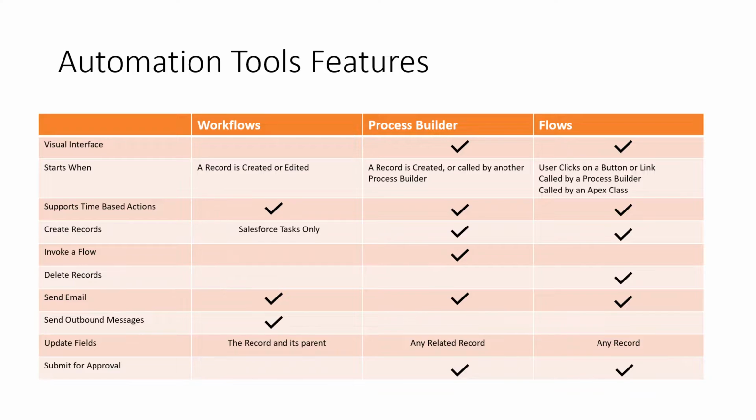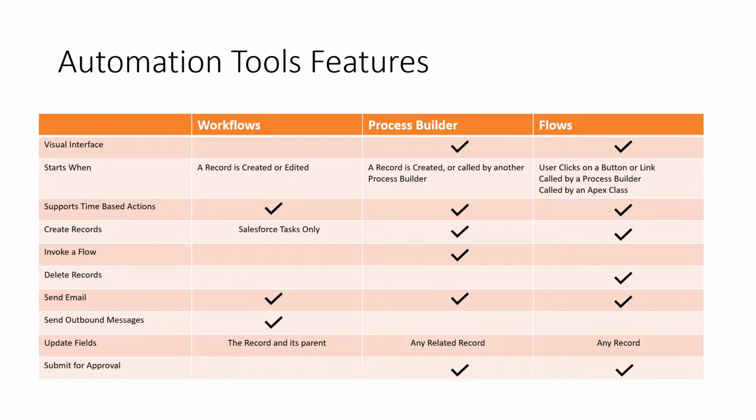But they are not able to update any related records besides the parent, or any child records. So the workflow is going to let you update only the record that triggered the workflow and the parent. On the other hand, the process builder can edit any related record and also the record that triggered the process builder.